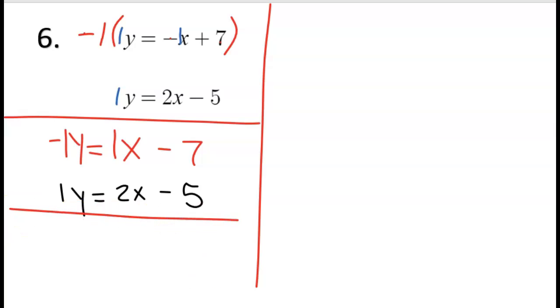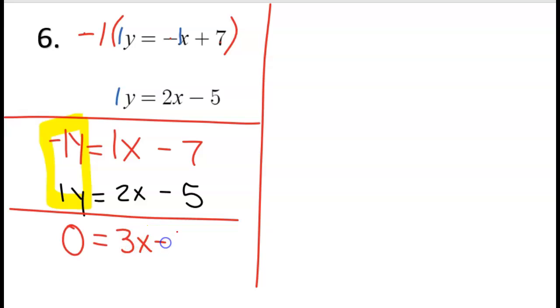I multiplied this first one by negative 1, and then I wrote down the second one, and then I'm going to add up the columns, and what's this part going to be equal to? It cancels out, and it's equal to 0.